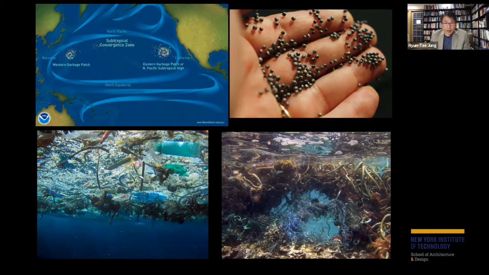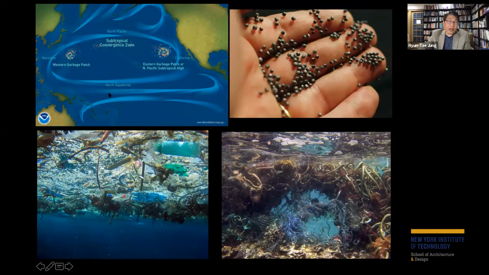So this is one example, called the Great Pacific Garbage Patch. It's a massive garbage patch floating in the ocean, and two big ones probably in the Pacific. You can see this is just flowing around. It's much bigger than France, like 3 times bigger than France, and it's traveling all the time.